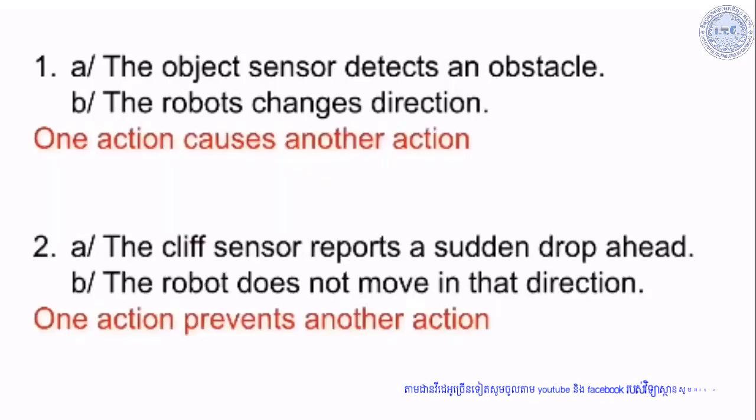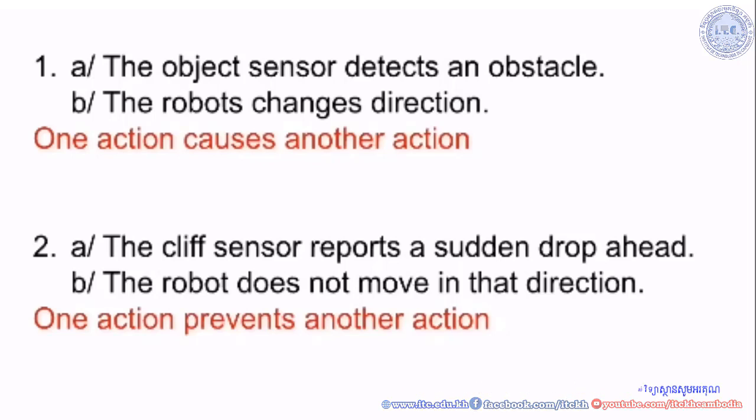So let's move to the analysis of the text. The first one: an object sensor detects an obstacle. Detects means to find, to keep track. And sentence B, the robot changes direction.